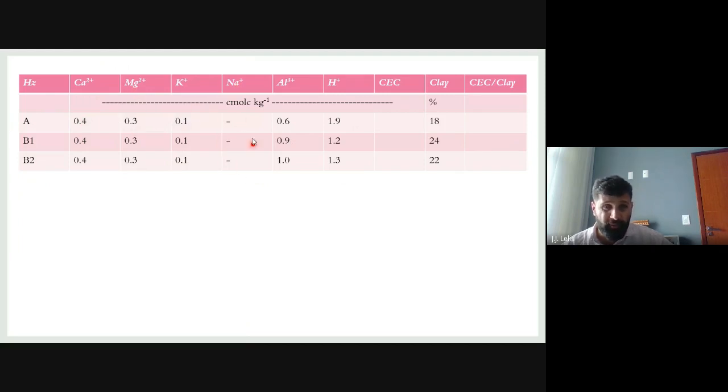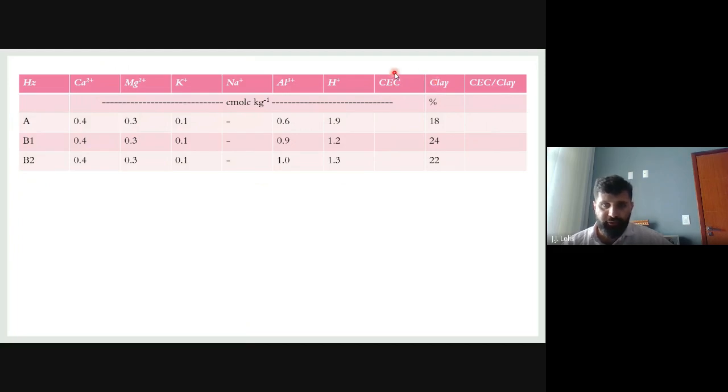We can find sodium in this case, the content of aluminum and hydrogen. And here we can see the CEC, that's the cationic exchange capacity. Here we have the clay content of each horizon. And here we need to calculate the ratio between the CEC and the clay content.